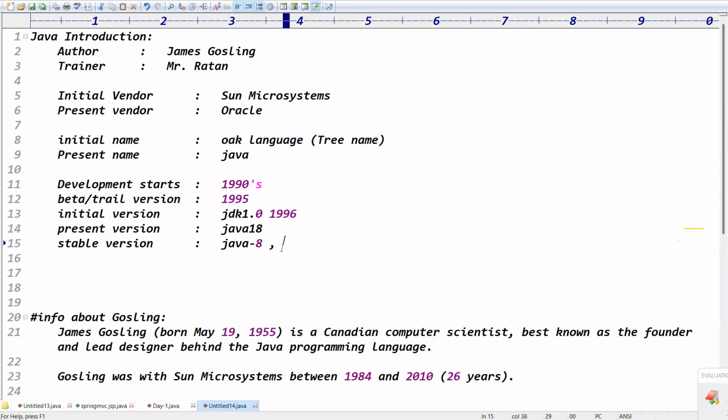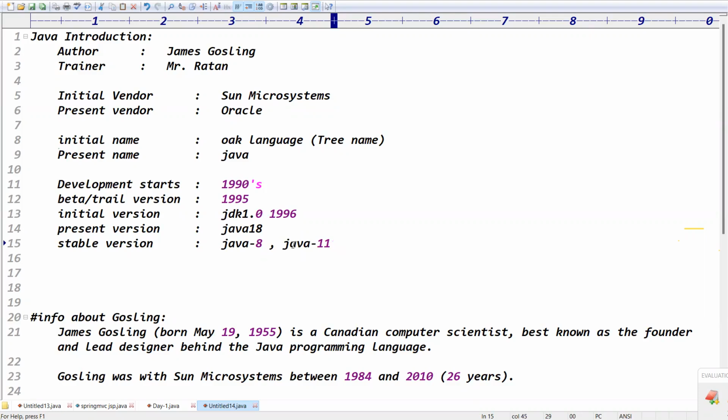Recently we started a new project, and there we are going with Java 11. As per my experience, the stable versions in companies are Java 8 and what? Java 8 is a stable version, a perfect version. Java 8 and Java 11.